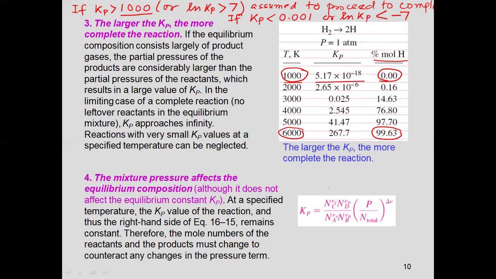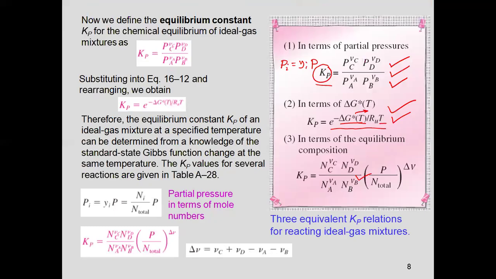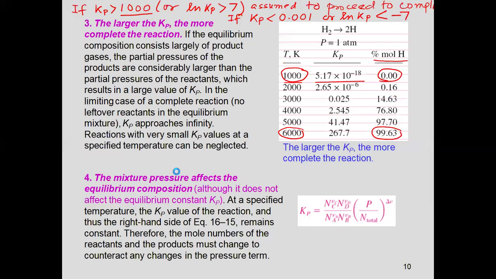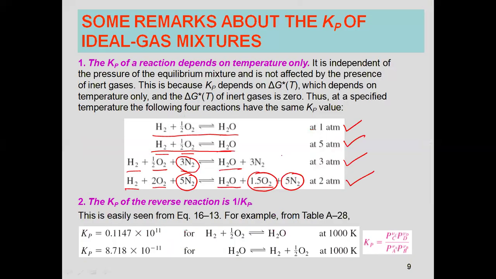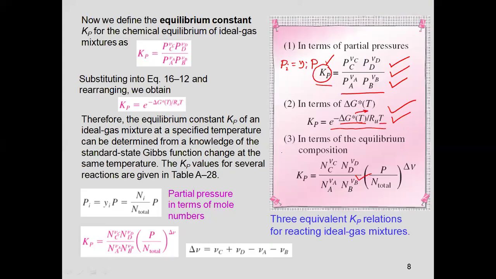So how will it be done? Try to see this. Here you see Kp, and here the total pressure. If the total pressure is changed, the partial pressure will also change. Now, at a specified temperature, the Kp value of a reaction, and thus the right hand side of equation 16.15, will be constant.